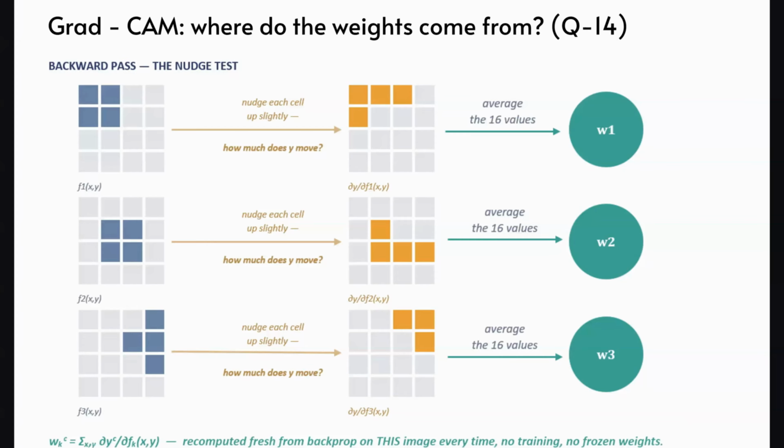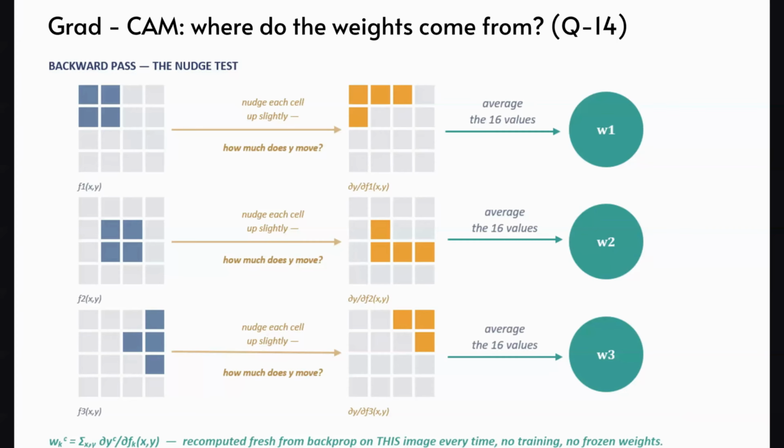So it changes one of the cell's activations a little, nudging it positive or negative, and calculates the gradient, how much y changes. So it's dy by df: how much the output changes when I change this particular x and y value.